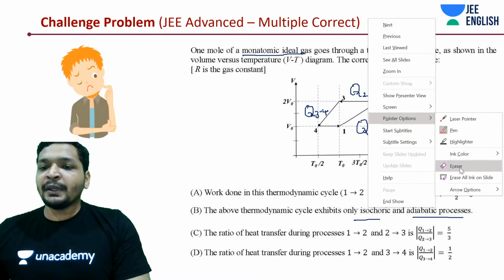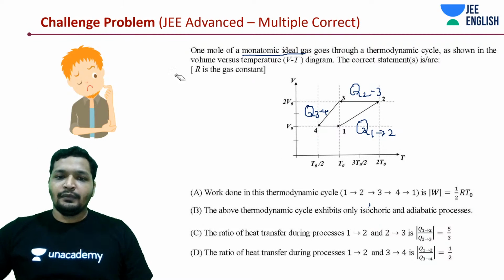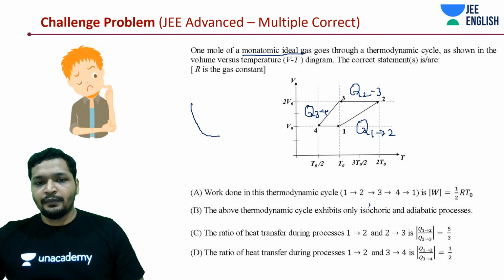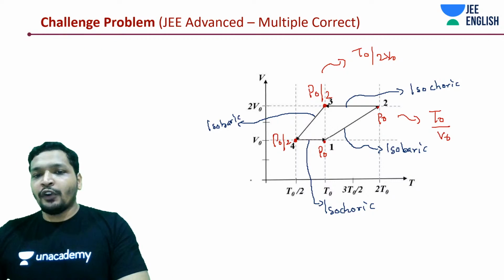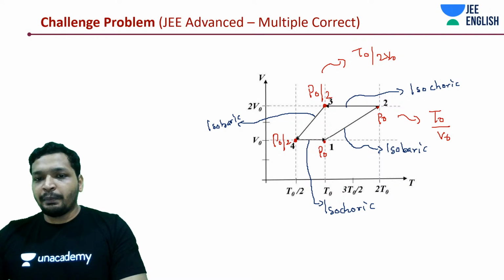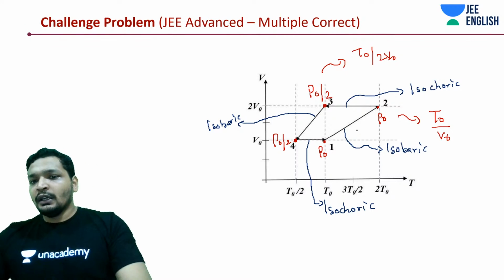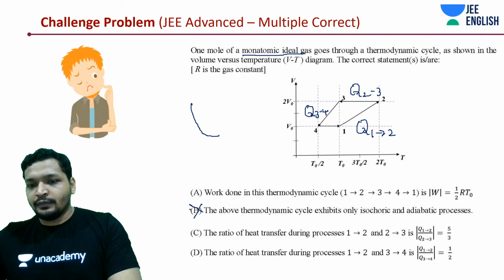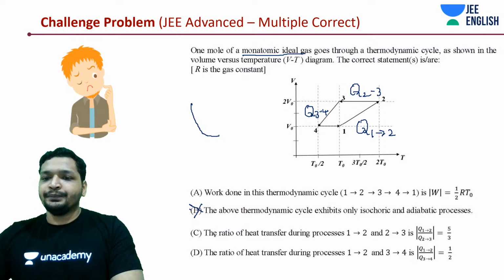But if you remember the PV graph, for adiabatic it would be a steep curve. We'll draw the graph, but this is just to validate the option. So this is not correct. We need to analyze A, C, D.